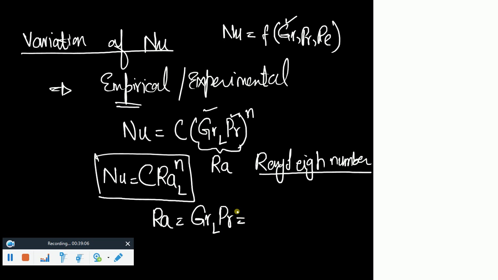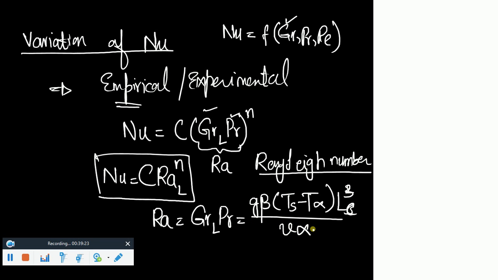If I plug in their definitions, this would be equal to g beta (Ts minus T infinity) times the characteristic length cubed over nu alpha. This is the definition of the Rayleigh number.